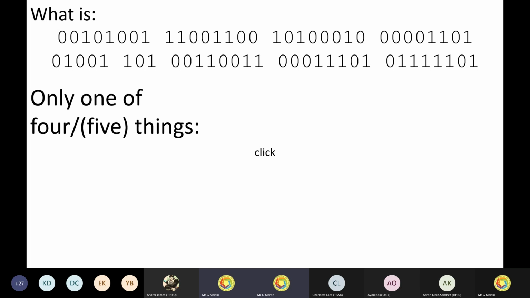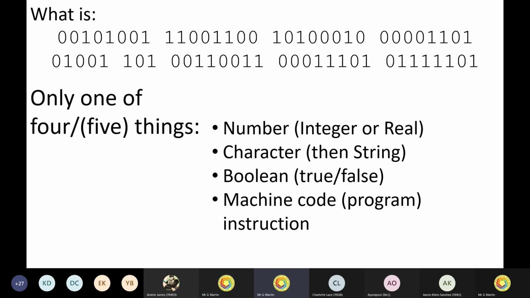So in fact, we find out that it can only be one of 4 or 5 things. So when you see binary as a computer scientist, it'll be one of those 4 things. It'll be a number, a character, a Boolean, or a machine code instruction.